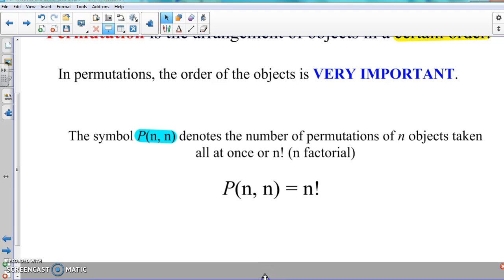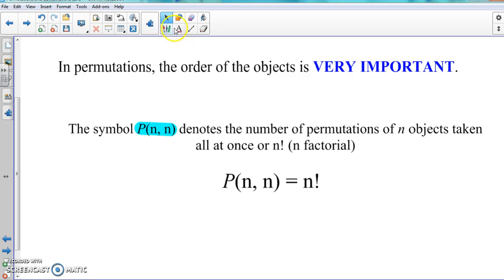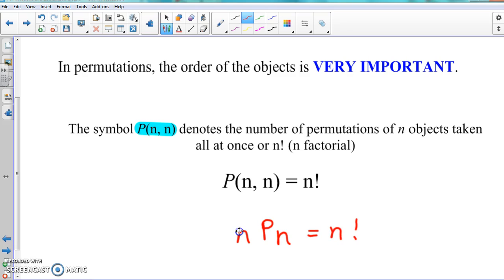All right, so let's go ahead and do this part here. The first thing to understand though, before we do anything with it, you can see the permutation look like this, or you can see it look like something like this, nPn. So you can have either one of these.